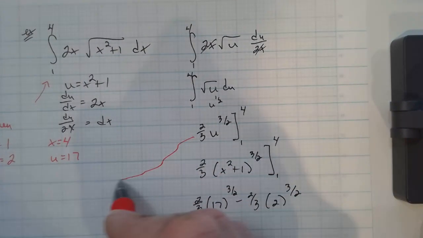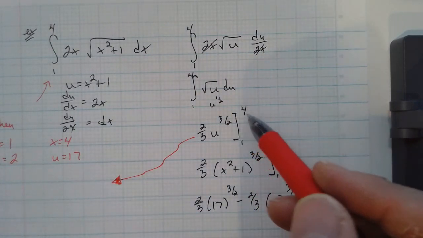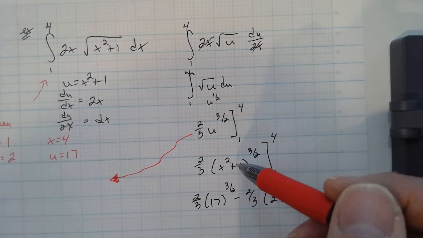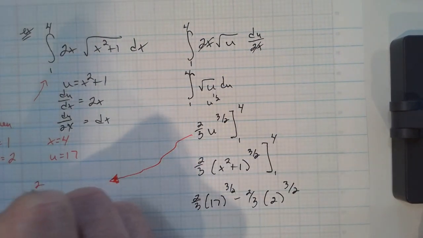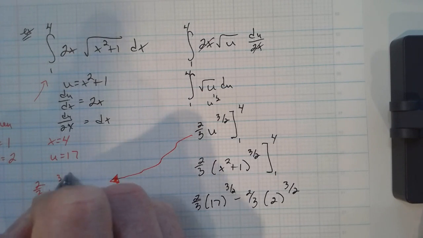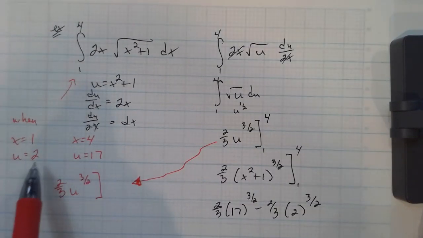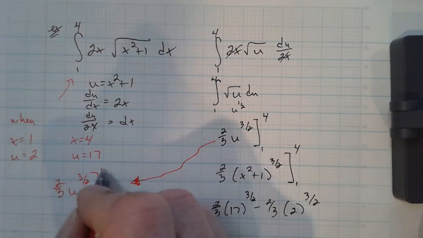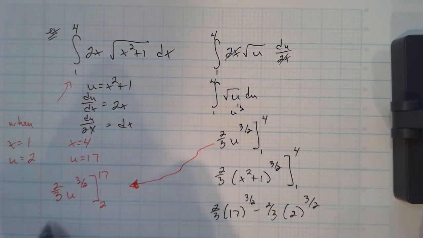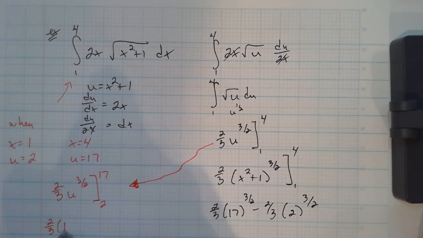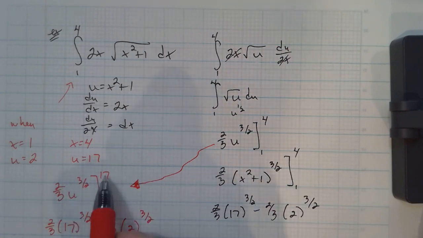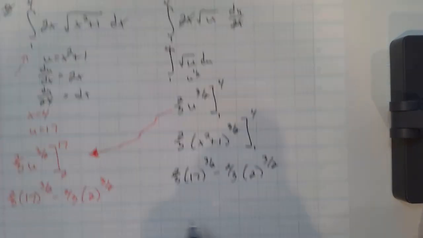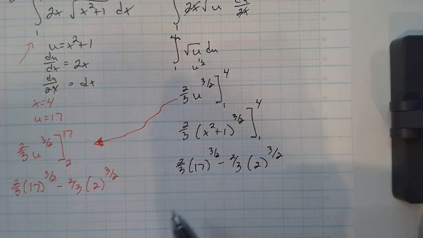So at this point, we did not have to write it in terms of x. We could have left it in terms of u and evaluated it not from 1 to 4, but from 2 to 17. So then I get 2/3 17 to the 3 halves minus 2/3 2 to the 3 halves by plugging in 2 and plugging in 17. And these two answers are the same. Okay, two ways of doing it.